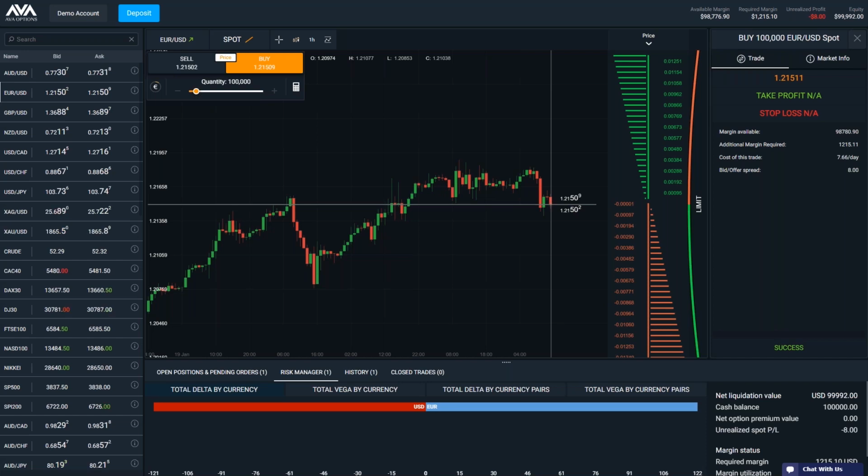So we've got English, French, Spanish, Japanese, Chinese, Russian, Italian, German, and Arabic. The WebTrader will also get languages in the near future, but right now we're working on building all the features to bring it up to the level of the mobile app, which we developed first.